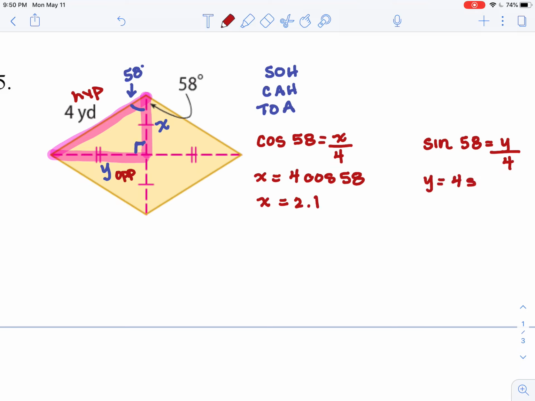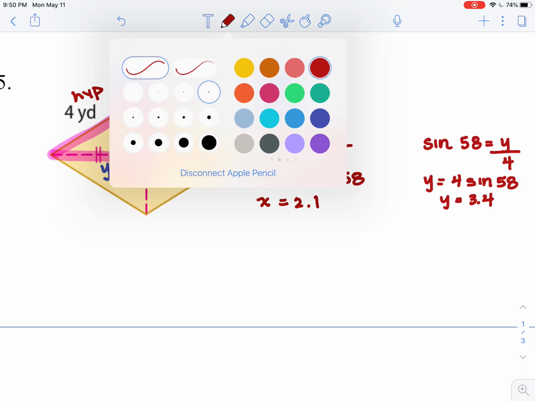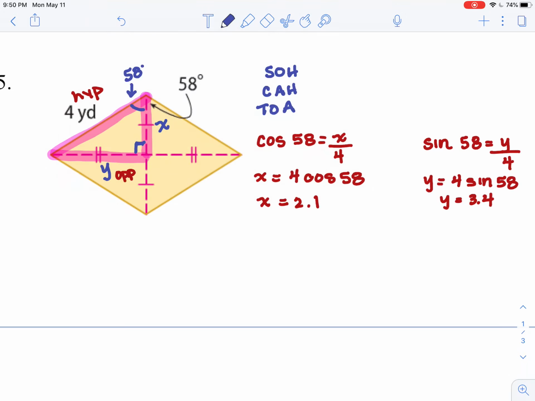Again, we're going to multiply both sides of the equation by 4. And when you type into your calculator 4 times the sine of 58 degrees, Y should be 3.4. The two values that we just found are half of each of the diagonals.